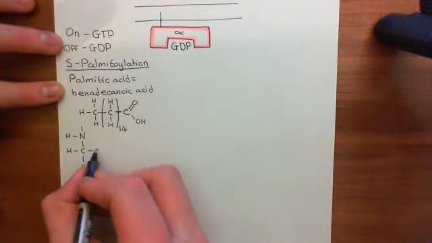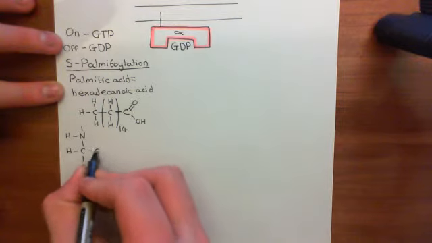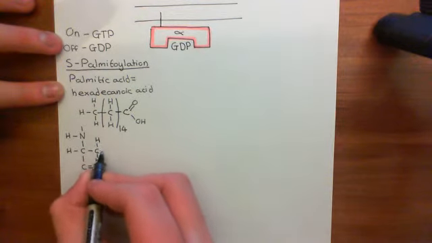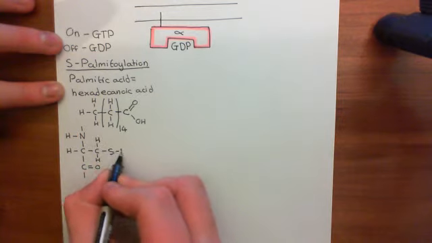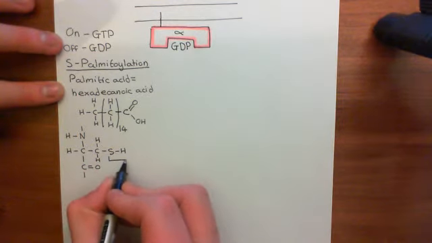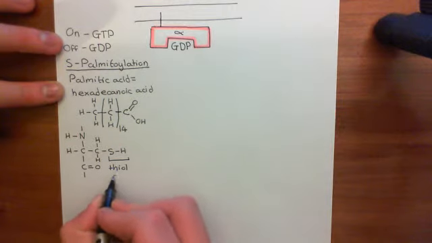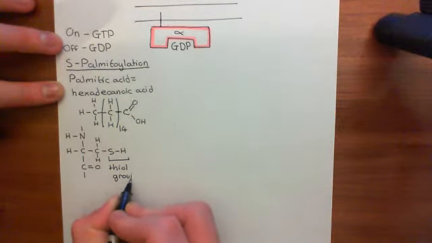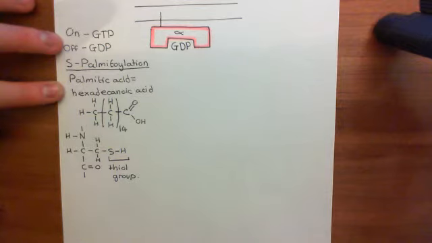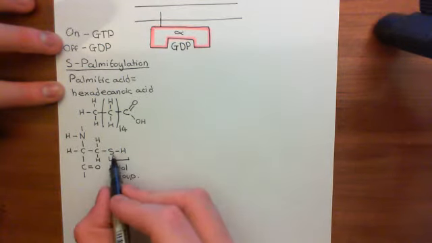Now the R group of a cysteine amino acid consists of a methylene group, like so, with a thiol group then coming off. Okay, so when you have a sulfur atom with a hydrogen atom coming off like that, that's called a thiol group. And it's similar in its nature to an alcohol group because sulfur atoms have similar chemical properties to oxygen atoms.